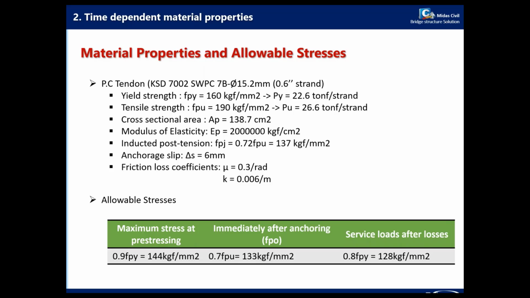So about the tendon, we have the yield strength of the tendon, the tensile strength, the cross-sectional area is given also, the modulus of elasticity, the inductive post tension, the anchorage slip also is given, and the friction loss coefficient also. They are just the data we are going to input when we are doing the modeling.